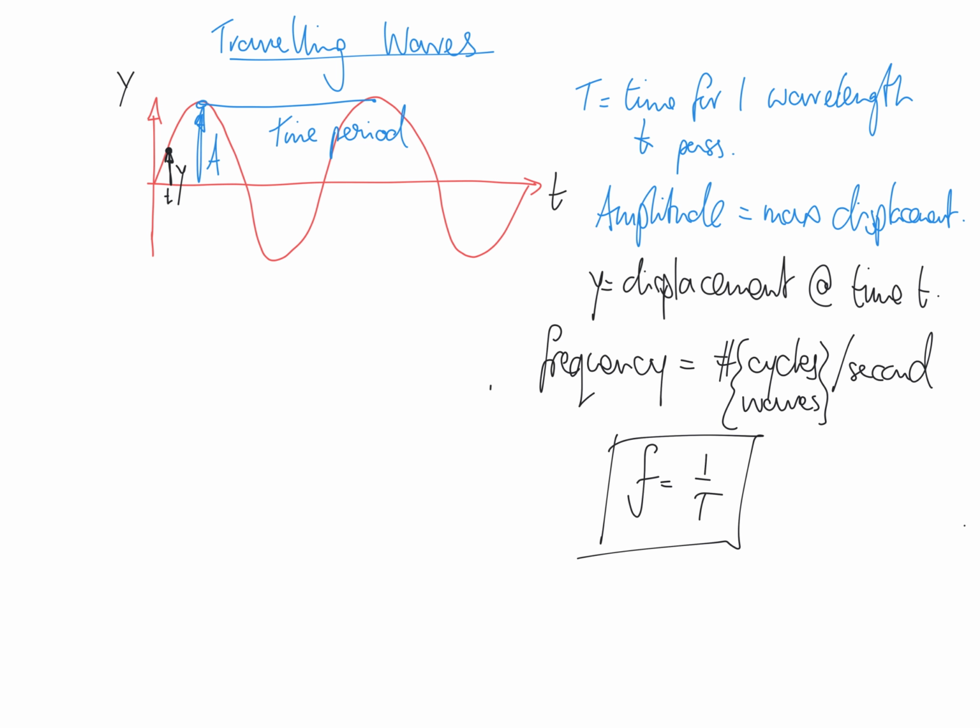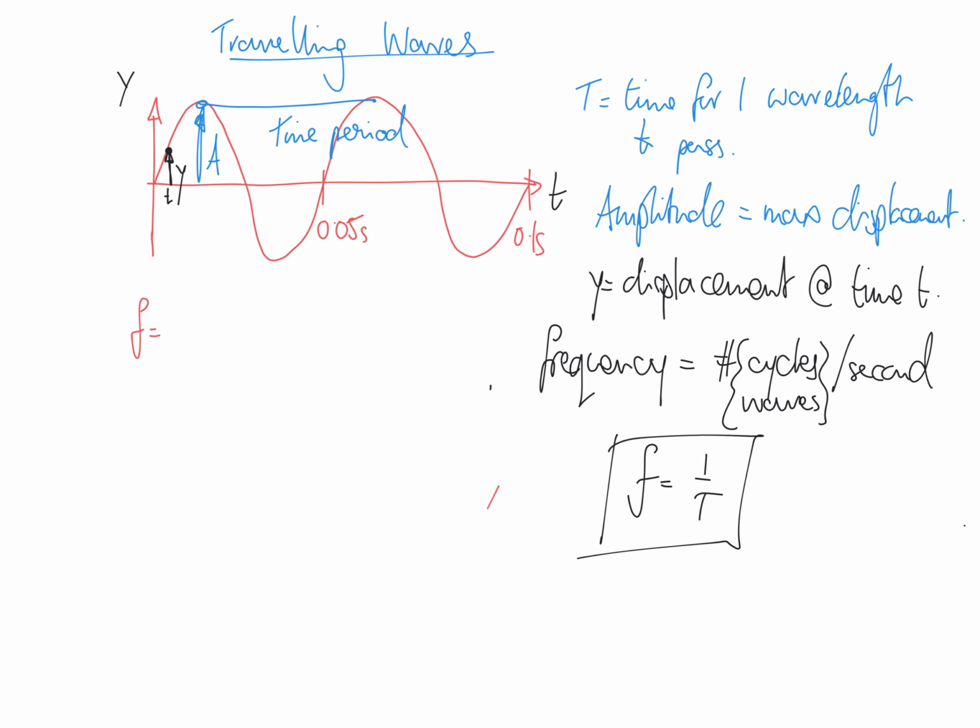A little bit of basic maths. Let's just say, for instance, that this here is 0.1 of a second. If that's 0.1 of a second, then what's the time period? Well, the time period will be half of that, 0.05 seconds. And what's the frequency?